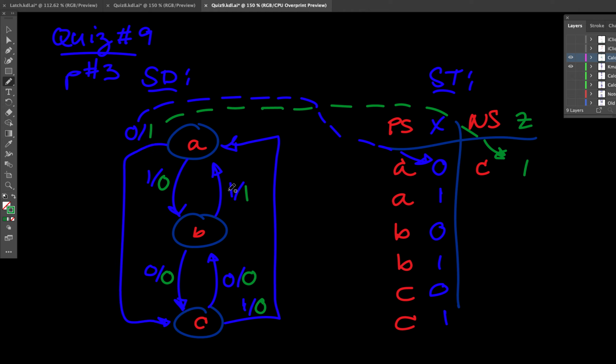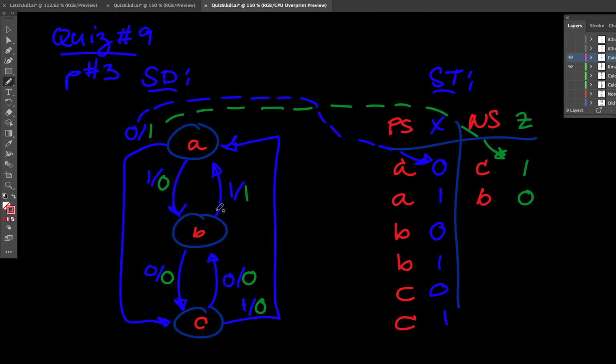Now let's do the next path. Starting from state A, the input is 1. This 1 is this path. So therefore, A with a 1 goes to B, outputs a 0. All right.